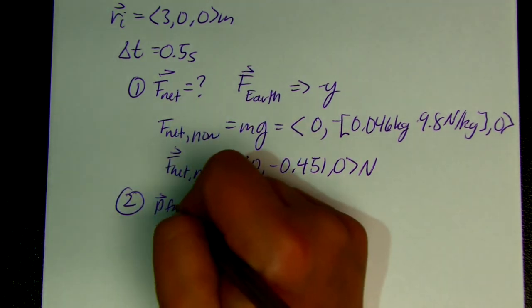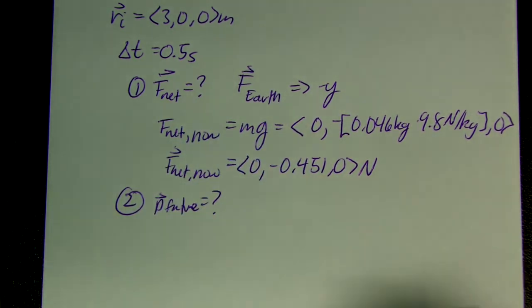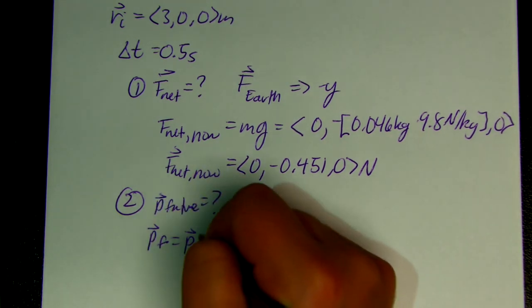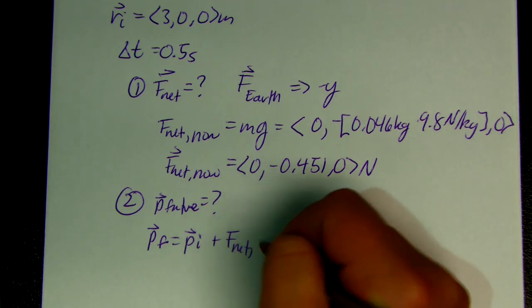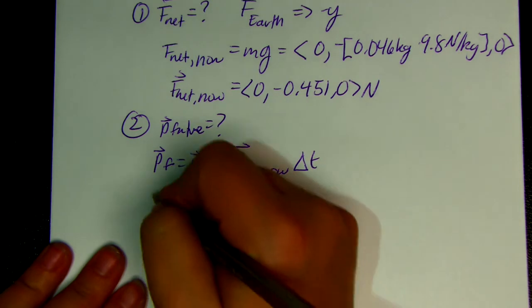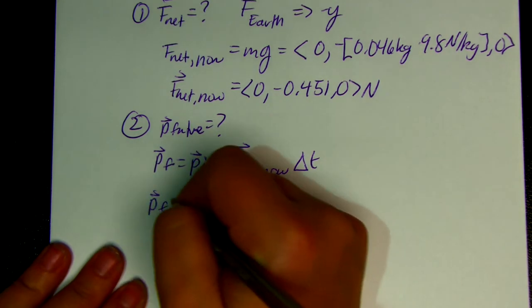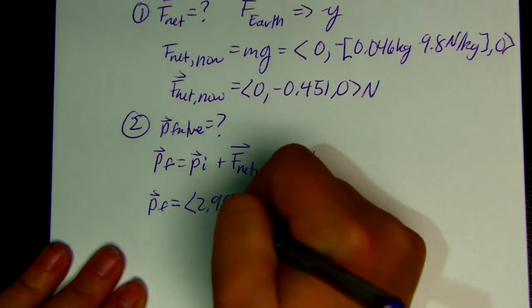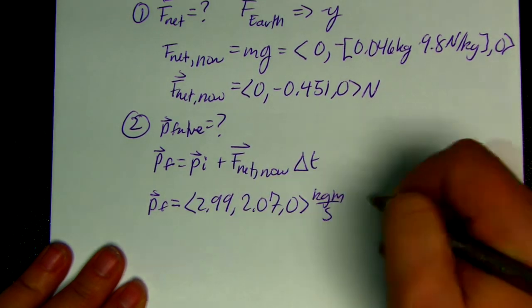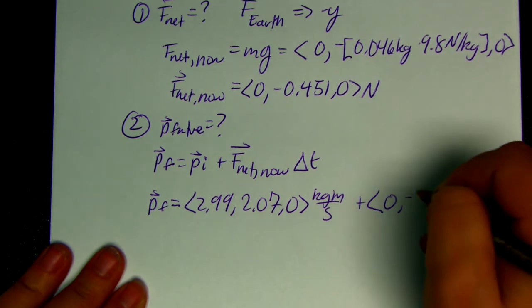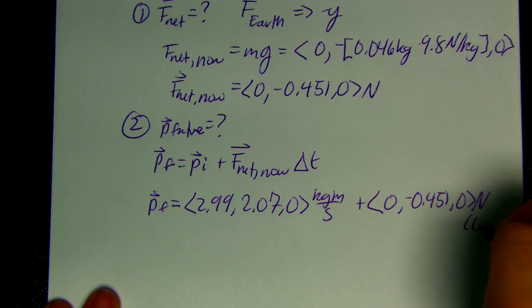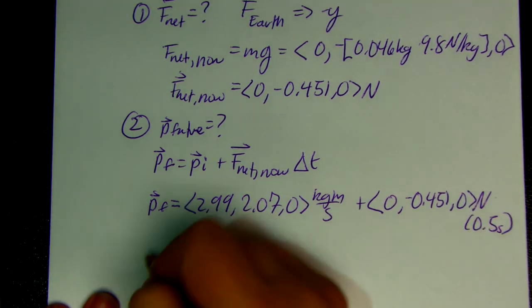Step 2, future momentum. So P future is equal to P initial plus F net now delta T. P future is equal to <2.99, 2.070, 0> kilogram meters per second plus <0, -0.4510, 0> newtons times 0.5 seconds.